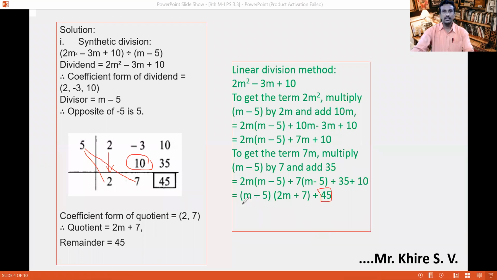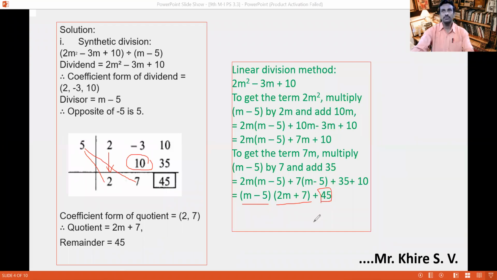This is the divisor m minus 5, which is already given in the example. This is the quotient 2m plus 7. Now the formula: dividend equals divisor into quotient plus remainder. This is the formula.